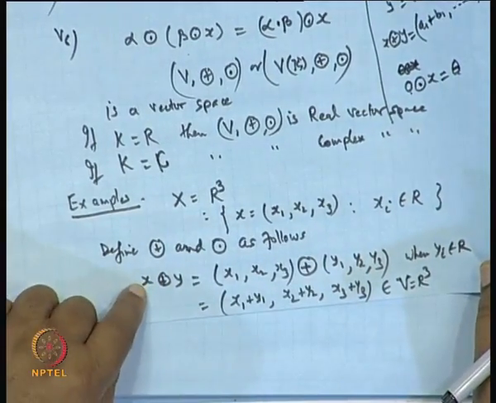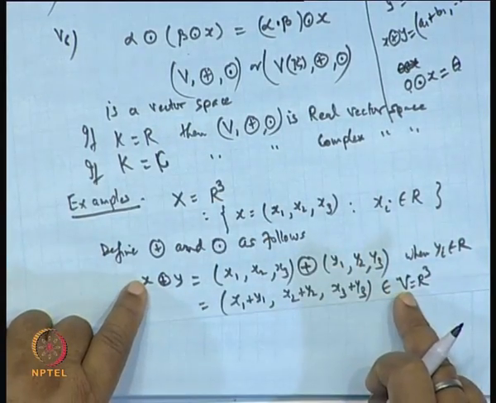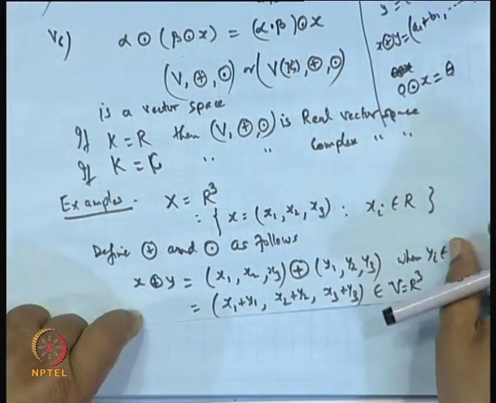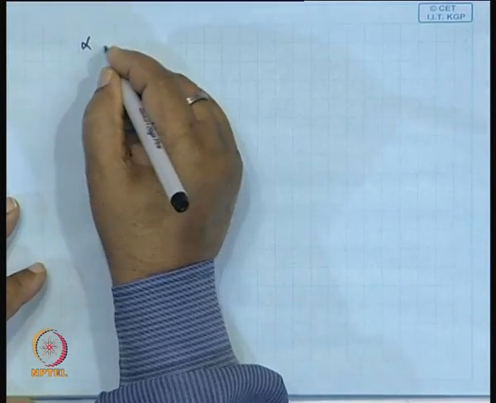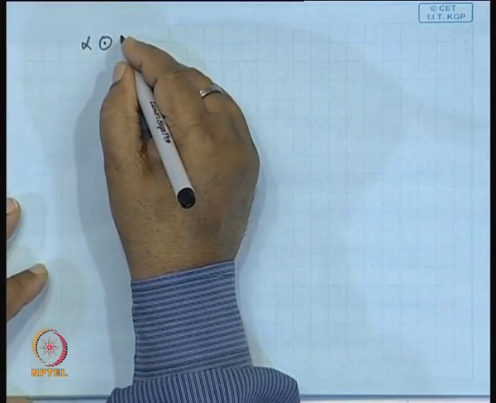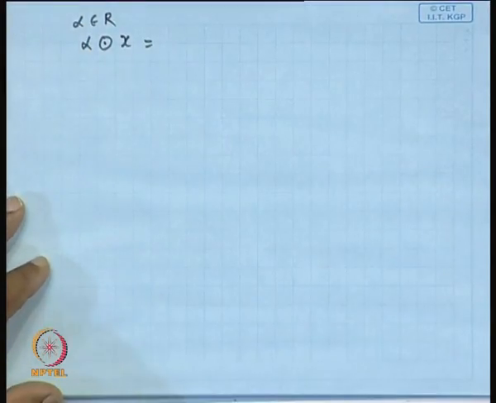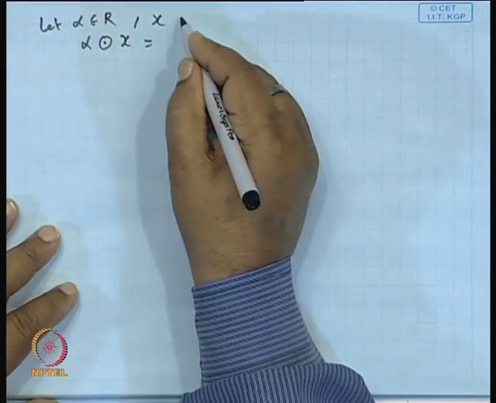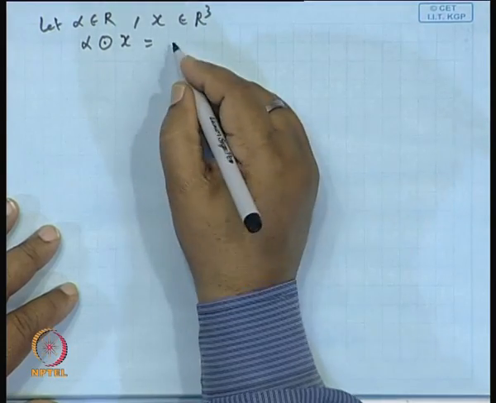Because it is a vector in a 3-dimensional plane. So, if x is a vector in 3-dimensional plane, y is also a vector. If we define the addition in this fashion, you get a new vector, which is again a point of R 3. And if we introduce the concept of dot, let alpha be a real number, x be an element of R 3, then what we get?